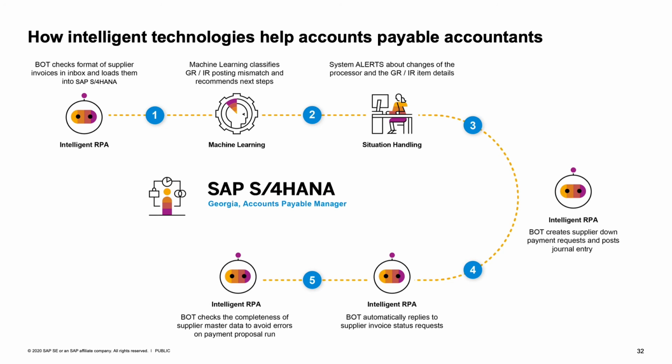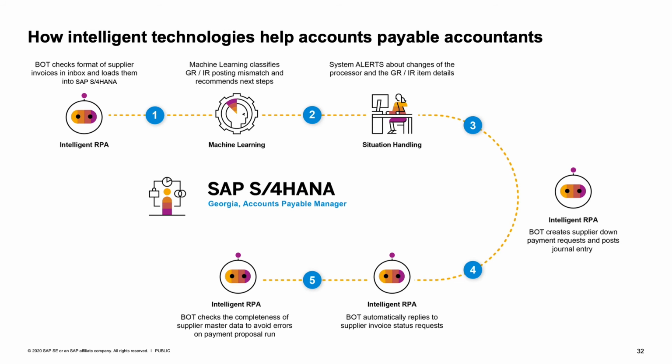Then we have intelligent technologies taking the complete accounts payable process, where we look at different scenarios. The bot finds the supplier invoices that are coming in the email, then machine learning classifies these GR/IR postings, finds mismatches, and recommends the next steps.